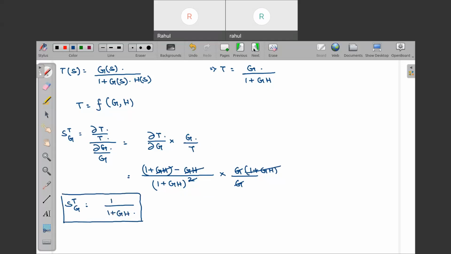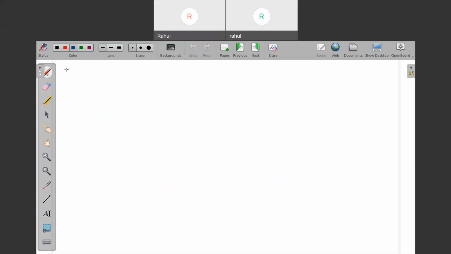Now, similarly, if we have to find S_T^H, the sensitivity of T with respect to your feedback path gain, how do we do it? S_T^H will be del T by T divided by del H by H. So that is equal to del T by del H into H by T, where T is equal to G divided by 1 plus GH.